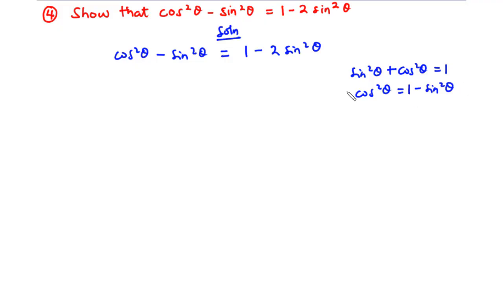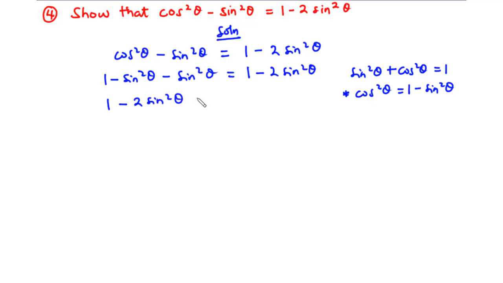So let's input cos squared theta in here. So this becomes 1 minus sin squared theta minus sin squared theta equals 1 minus 2 sin squared theta. And then finally, we have 1 minus sin squared theta minus sin squared theta is negative 2 sin squared theta.